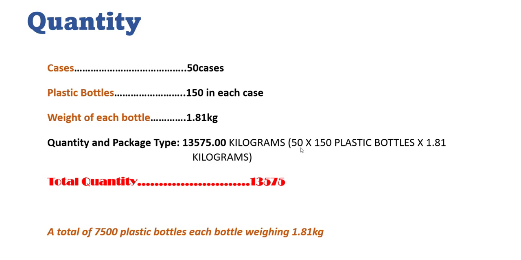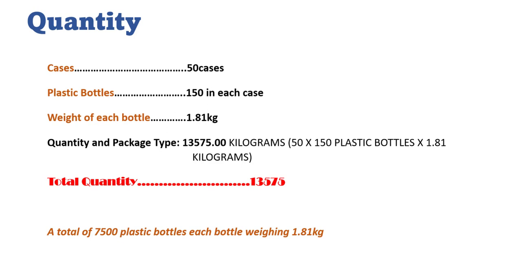Or if you want to look at it by the cases, the number of cases, the amount in each case, multiplied by the weight of each item in the case, or each bottle. So if you notice, my total quantity in that scenario now becomes 13,575.